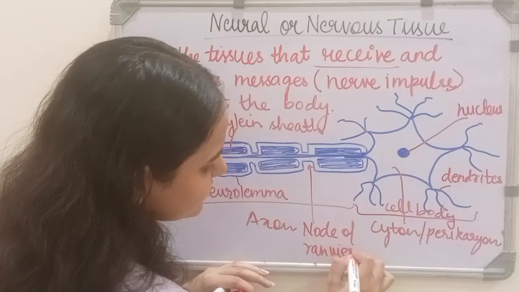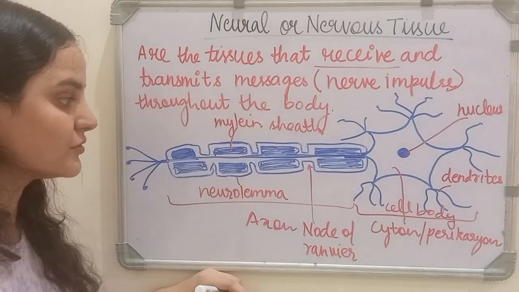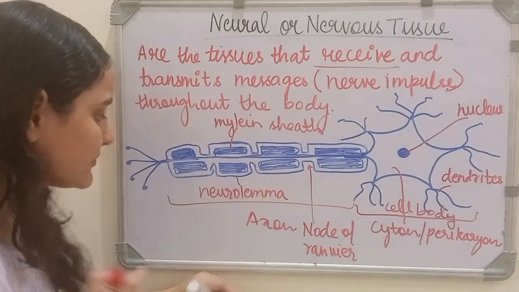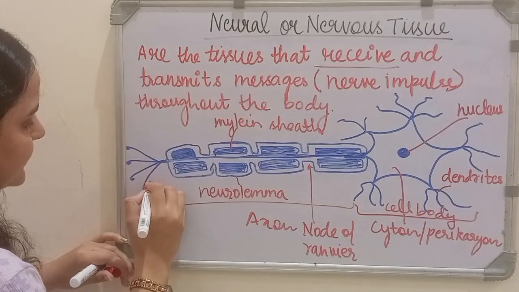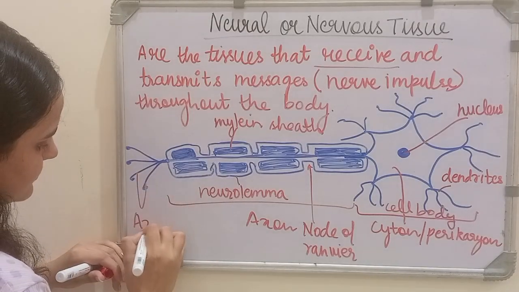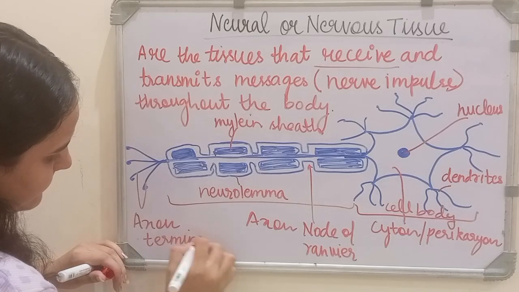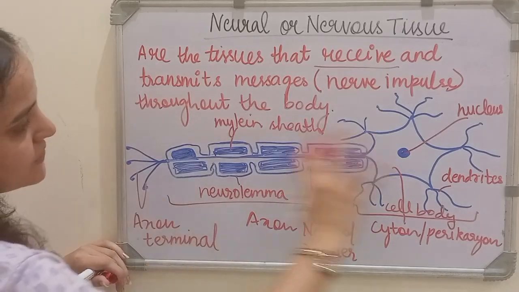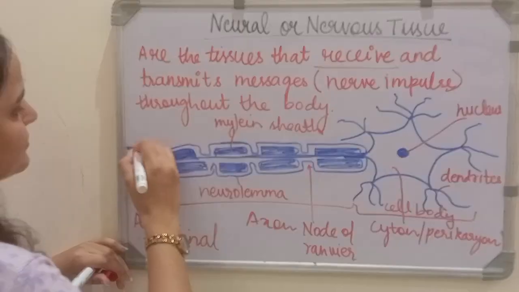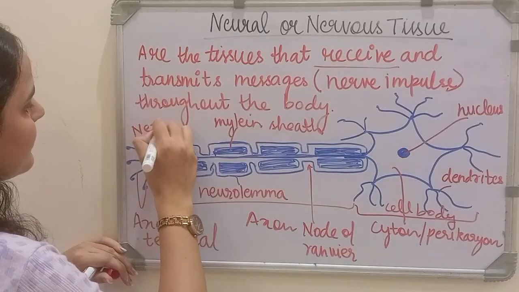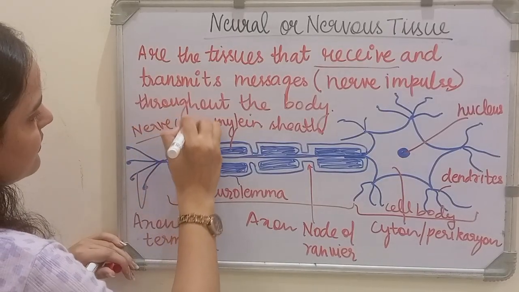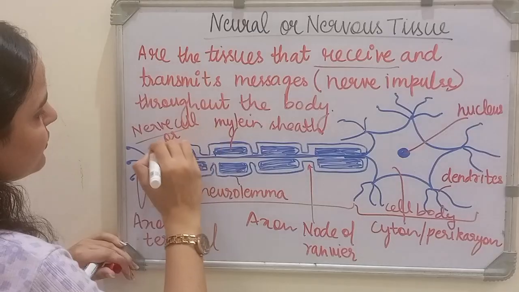You just need to remember the labelings. Okay, you don't need to remember the function of this. And this is the axon terminal. Okay, so this whole structure is what? It is a nerve cell or neuron.